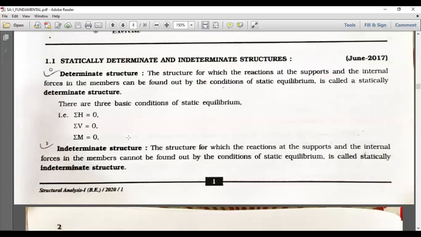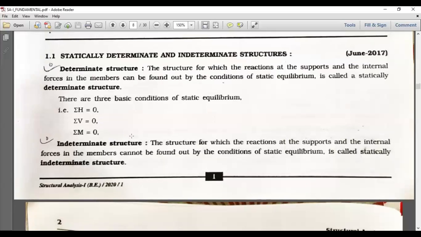There are three basic conditions of static equilibrium: summation of H is equal to 0, summation of V is equal to 0, summation of M is equal to 0. That indicates horizontal force is equal to 0, vertical force is equal to 0, and all the moments from all directions are equal to 0.